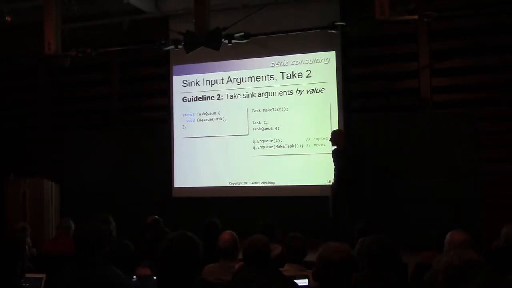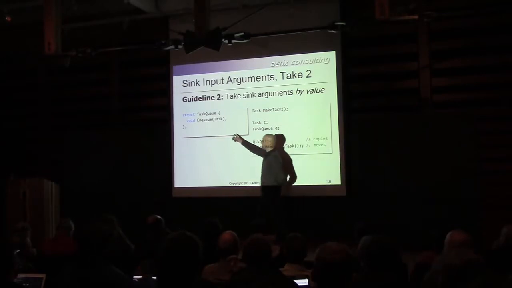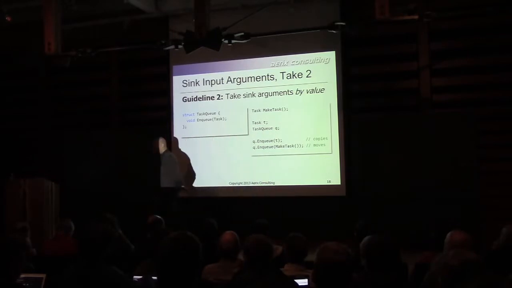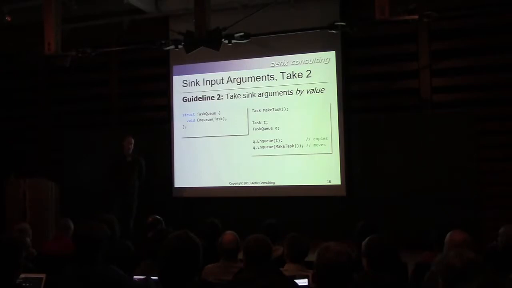Okay, that's actually a fair point. So if this is a virtual function that is meant to be overridden by derived classes, and the derived classes may or may not be making copies, then you might not actually want this baked into the interface. Okay, that would be a consideration.